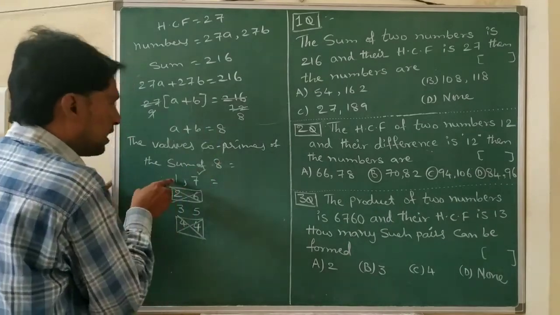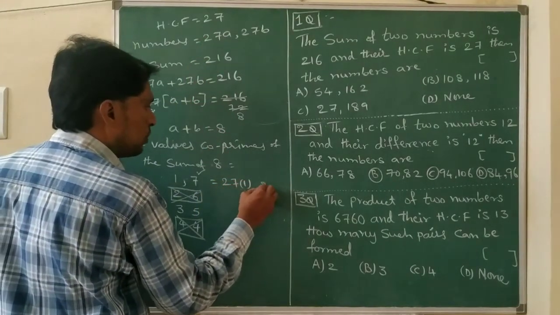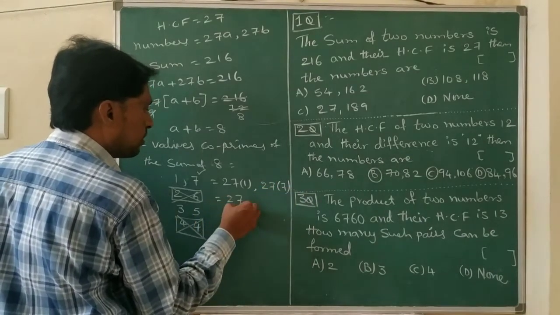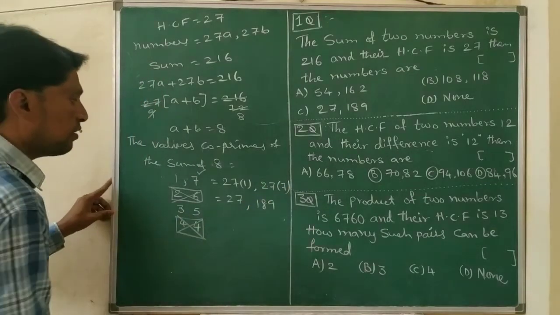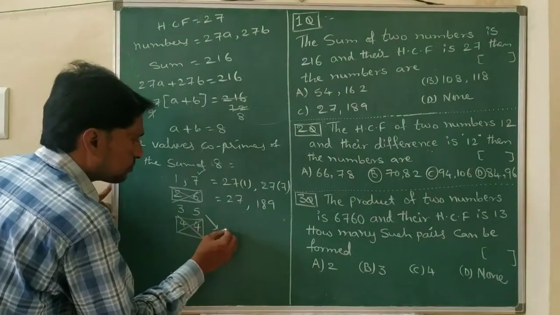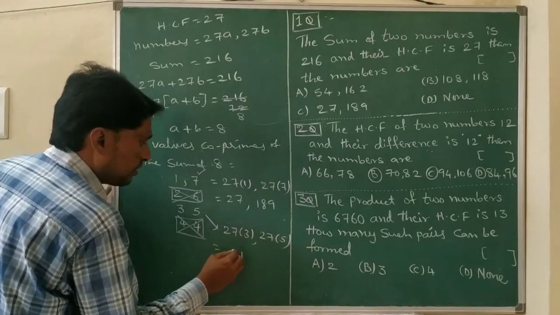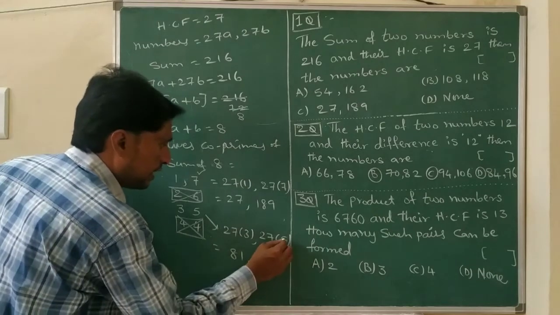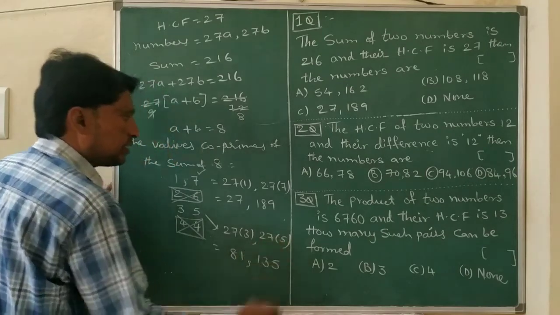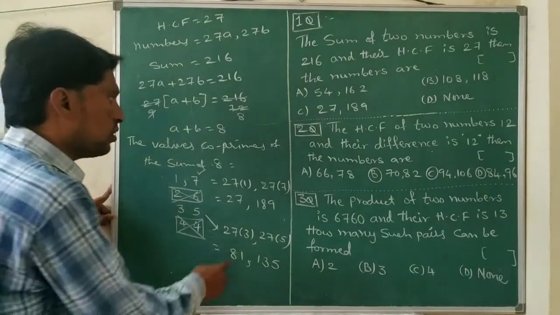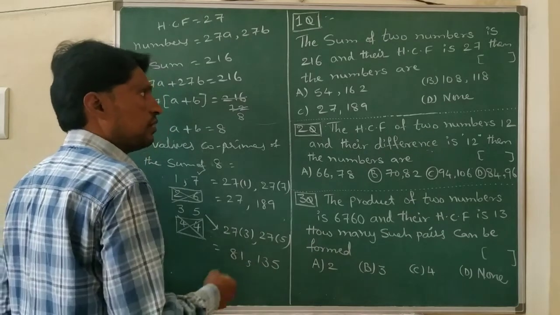Now we substitute the values of A and B: 27 into 1 and 27 into 7. 27 1s are 27, 27 7s are 189. Then for 3 and 5 we get 27 into 3 and 27 into 5: 27 3s are 81 and 27 5s are 135. Now check the options: 27 and 189, or 81 and 135.